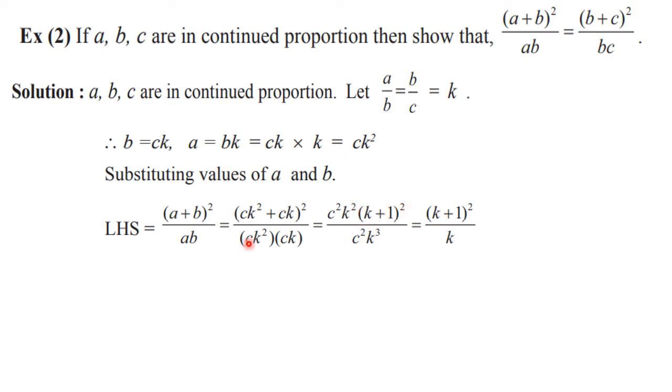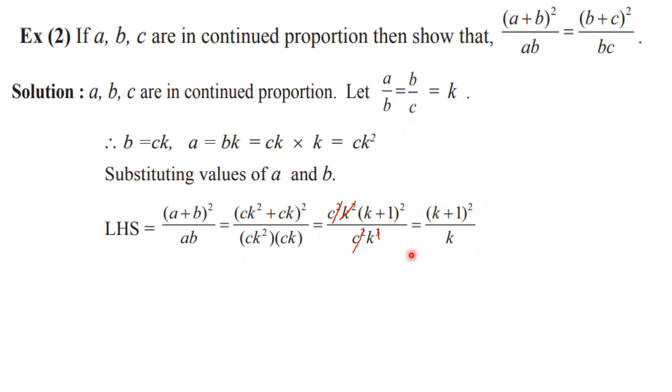And in the denominator, C into C is C square and K square into K is K cube. Now see, again we can go for the cancellations. Here this C square and this C square are cancelled. Similarly, this K square and 2 K's out of 3 are cancelled. So our answer is (K plus 1) the whole square upon K.